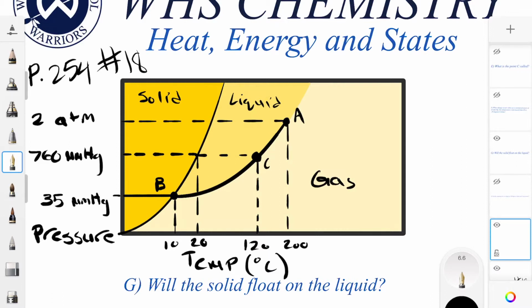If the slope is negative, the solid will be less dense. So a common example of this is water. In the phase diagram of water, you'll see this boundary line will actually be negative, so it will arc up like this. But this diagram is not for water, it's for a different compound. So the slope of the line is positive, meaning that the solid will not float as it is more dense.